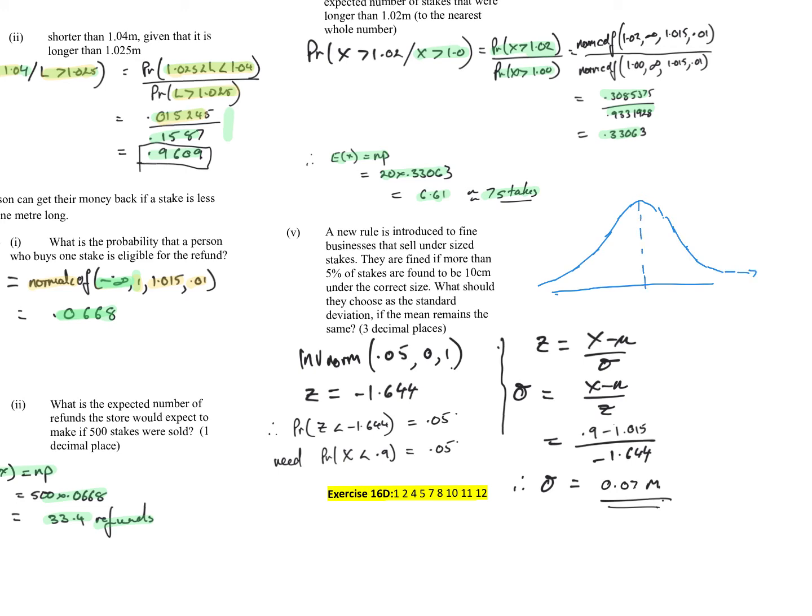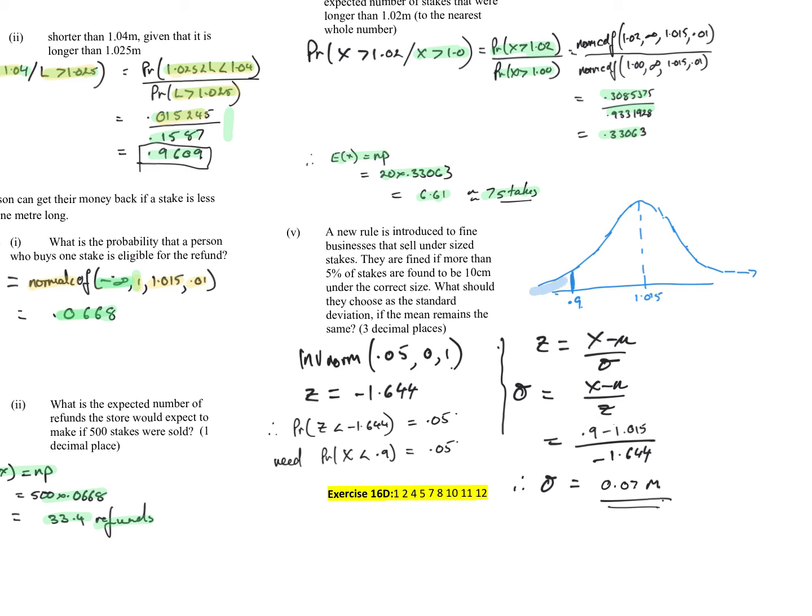So there's my distribution. There's my mean at 1.015. And 10 centimetres under the correct size. So the correct size is 1 metre. So 10 centimetres under the correct size is 0.9 of a metre.